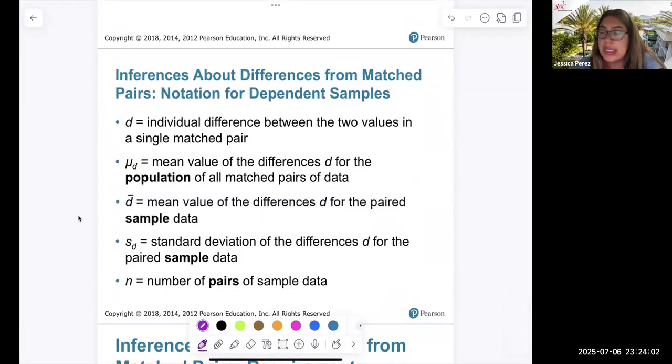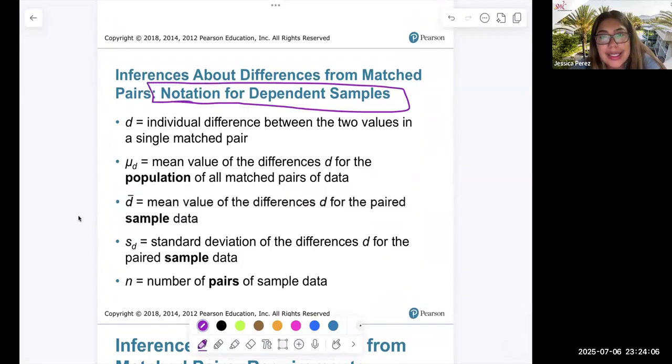For that, we are going to need notation. So this is a new one. D is the individual difference between the two values of the single matched pair. So we're going to look at the differences between the means. We're going to look at mu D, which is the mean of all of the differences for the population of all matched pairs.